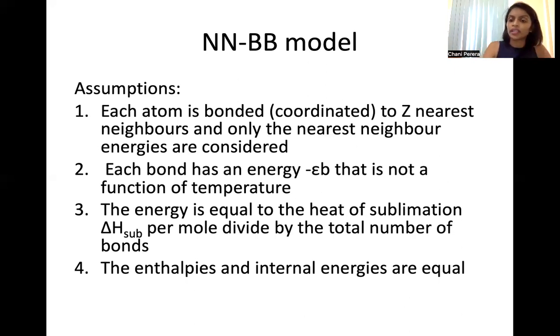I think we discussed this in the previous slide. And the enthalpies and the internal energies are equal. As I said earlier, the heat of sublimation we roughly take as the cohesive energy of that solid. So here the enthalpies and internal energies are going to be equal.